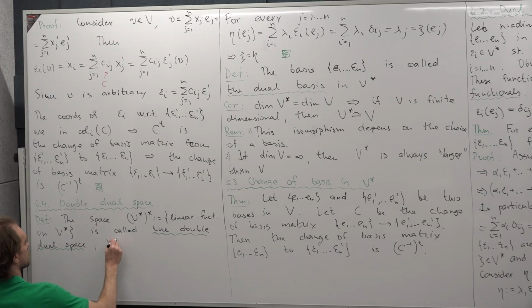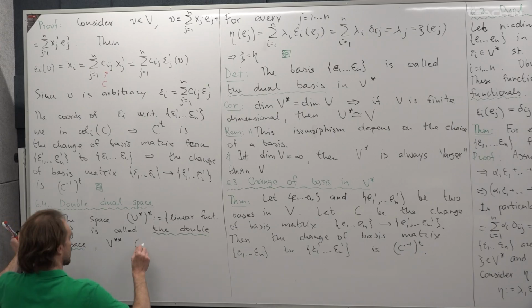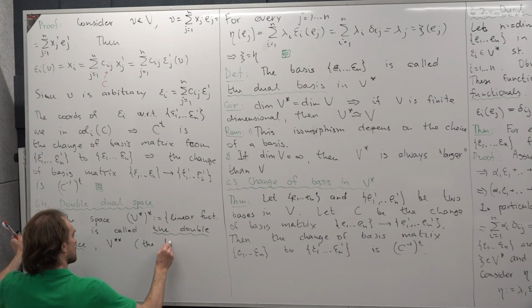Sometimes it is denoted just as V with two stars, or sometimes it is also called the bidual space.